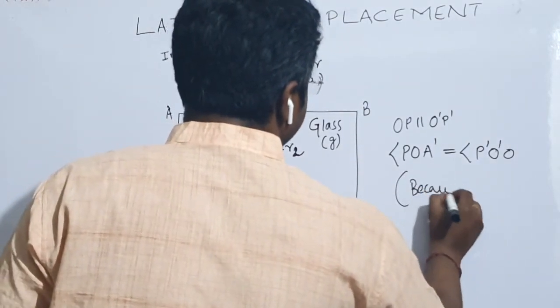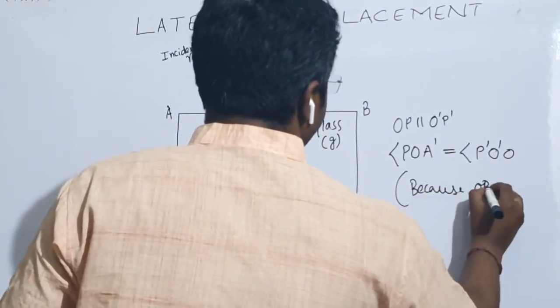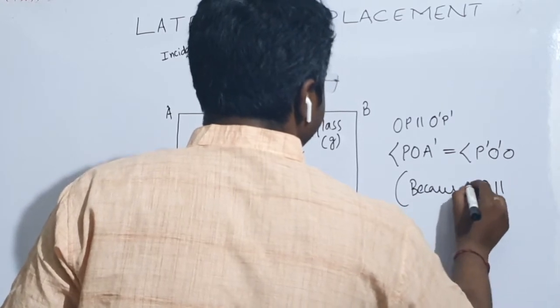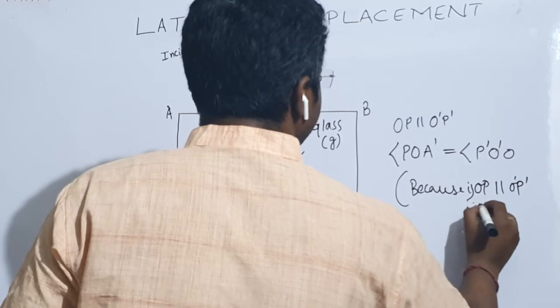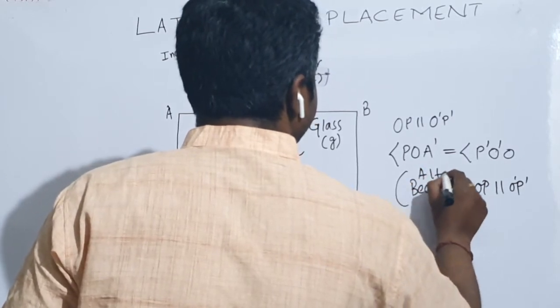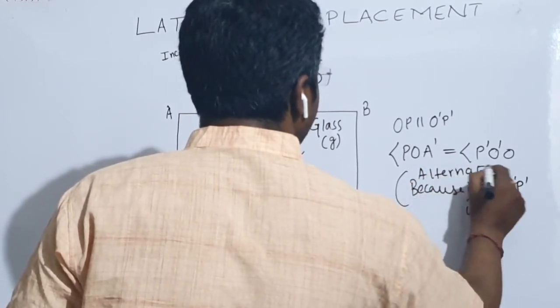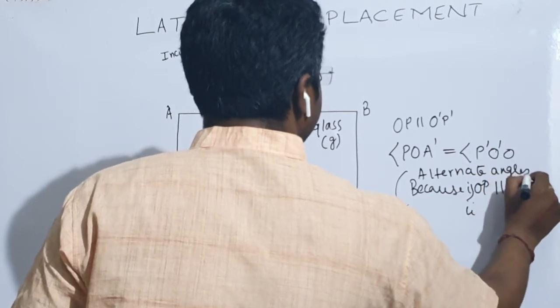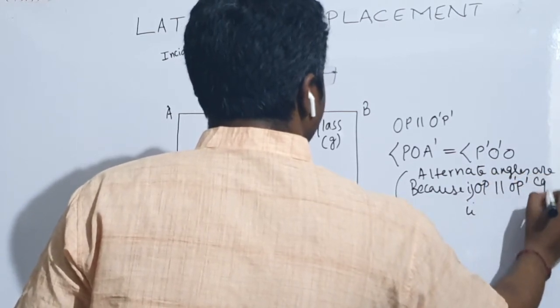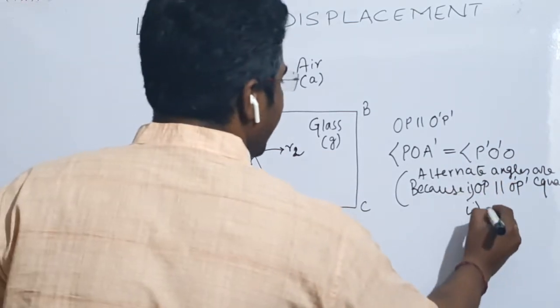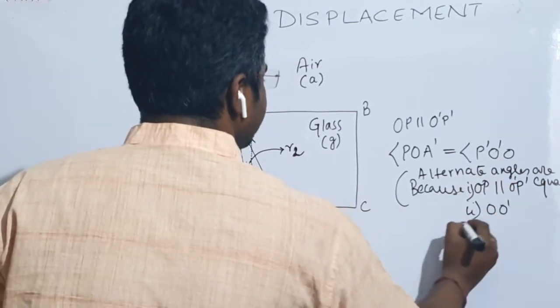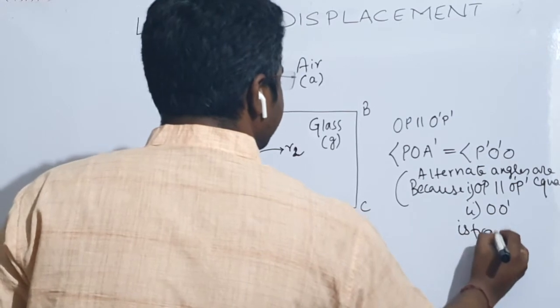Because OP is parallel to O dash P dash, first of all you write alternate angles are equal. Alternate angles are equal because OP is parallel to O dash P dash and OO dash is a transversal.